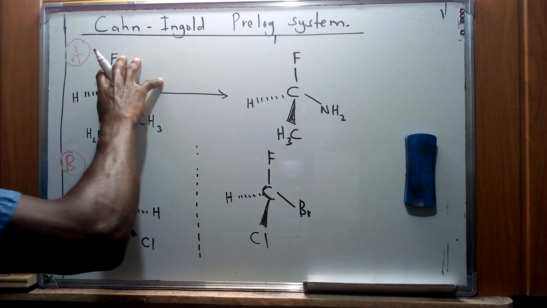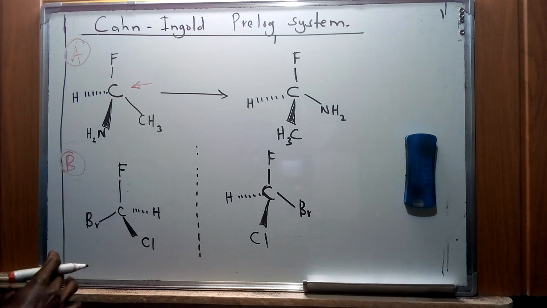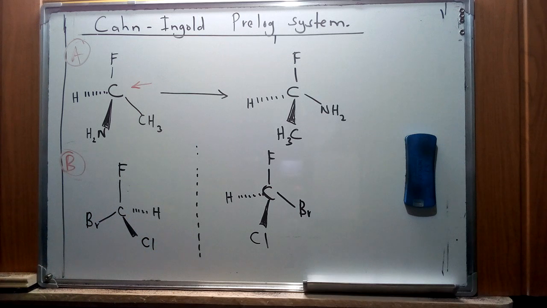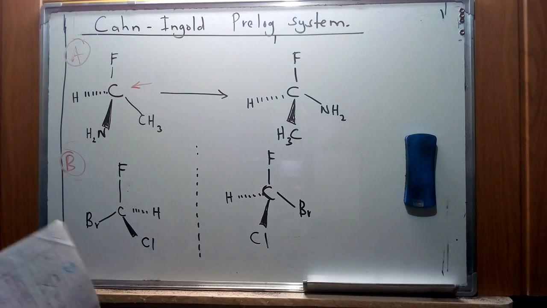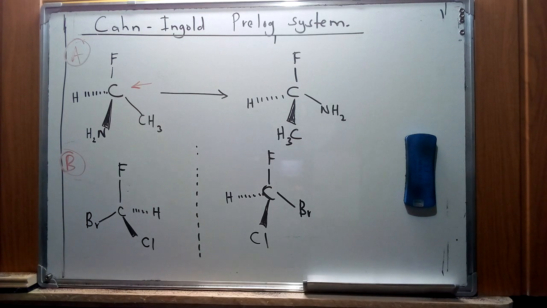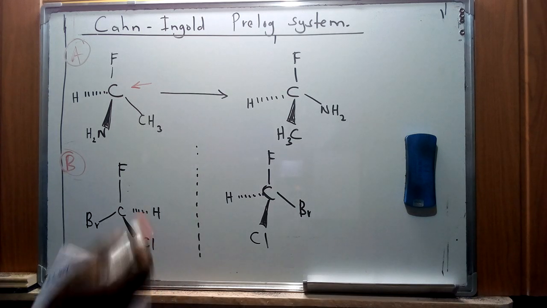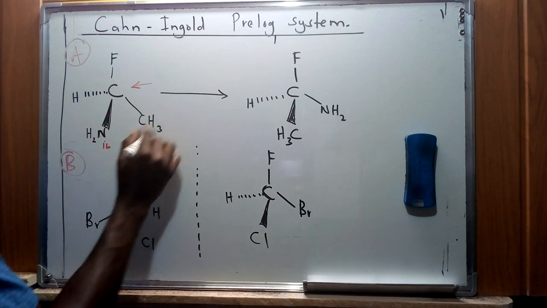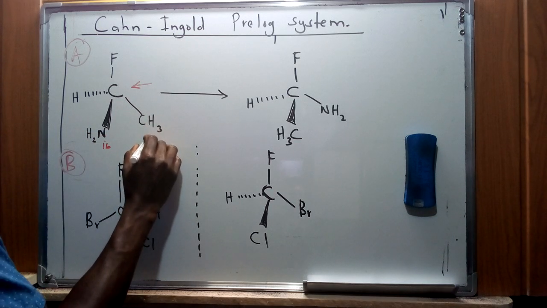Then we consider these 3 substituents to see which one has the highest priority in terms of atomic or molecular mass. This nitrogen has 14 plus 2, this is 16, and this is 12 plus 3, 15.